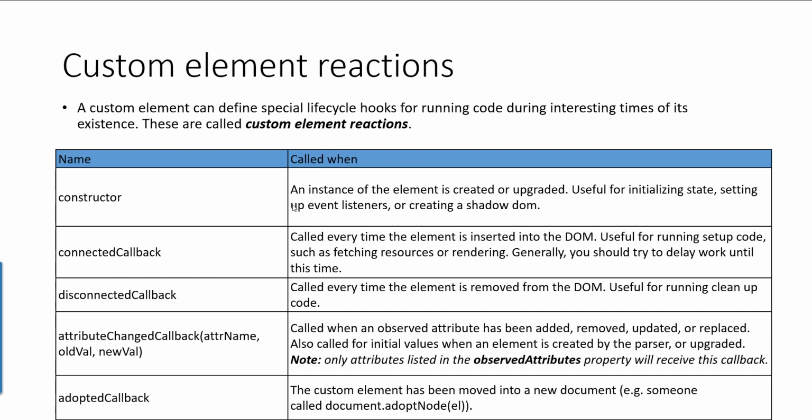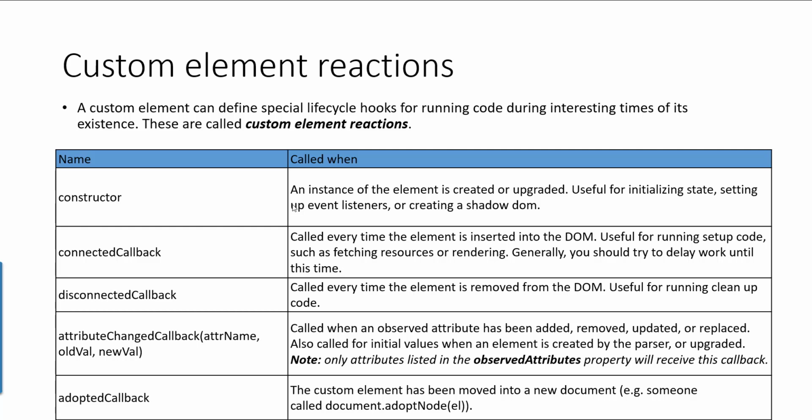When you define the custom elements or web components, you can also define some lifecycle hook methods inside the component class. So, for defining the code logic, you can use the constructor or these lifecycle hook methods.